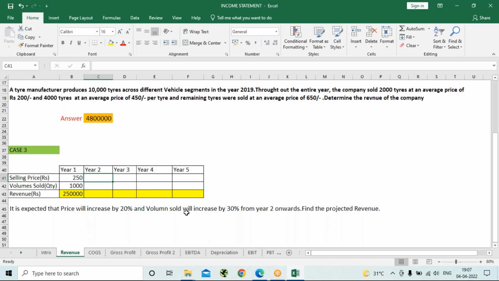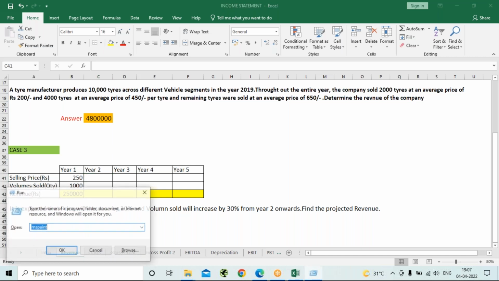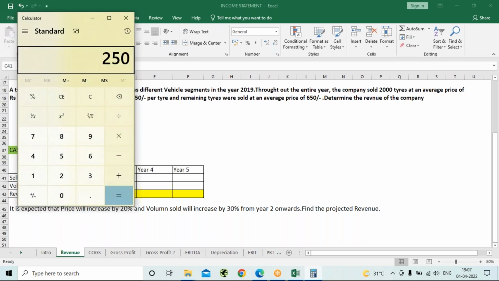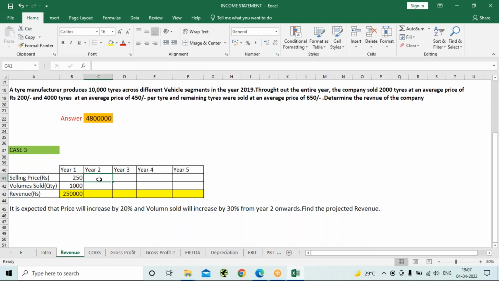On 250, 20% means it will increase by 50 rupees. So what will be the year 2 selling price? 300.